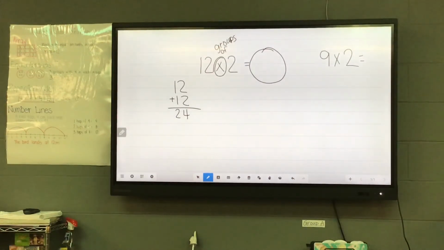If you still need to use the tiles or if you still need to draw it out, if this isn't making sense to you quite yet, go back to that too, okay?